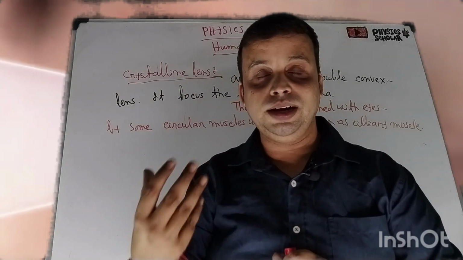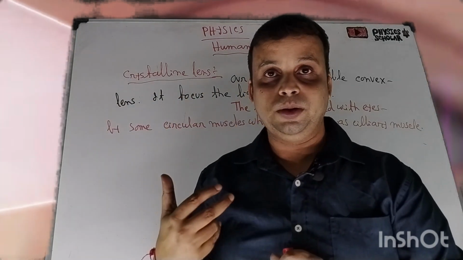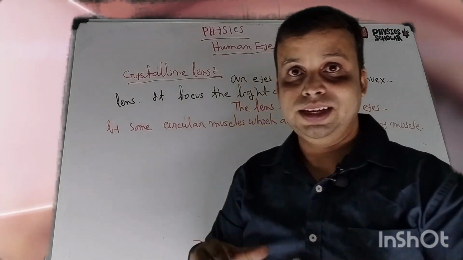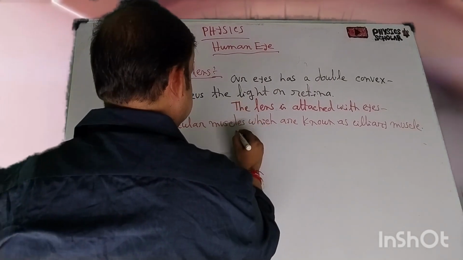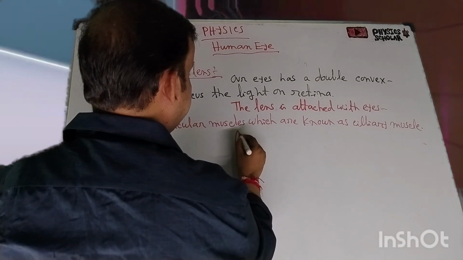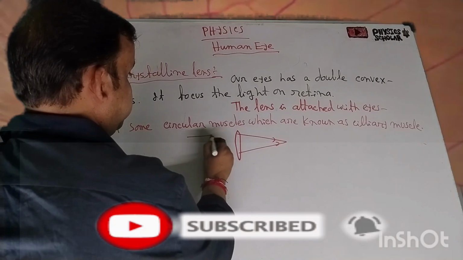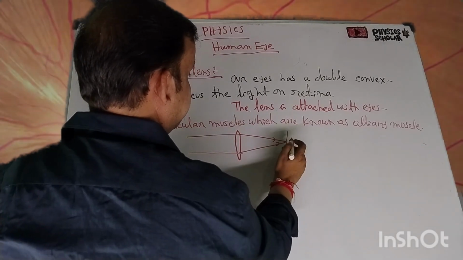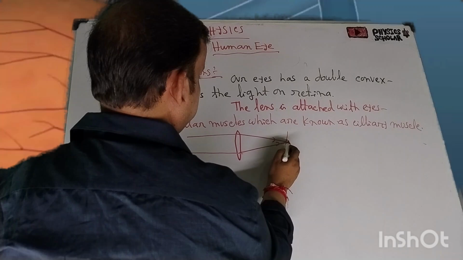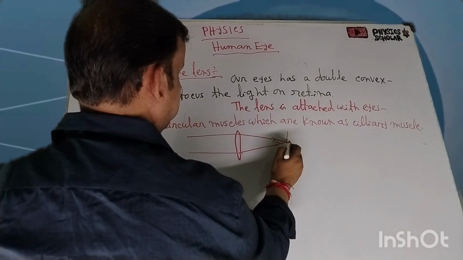When the rays of light come from infinity and enter our eyes, the lens will be thinner, and the focal length will increase. The converging power will decrease, and the light will be focused on the retina.